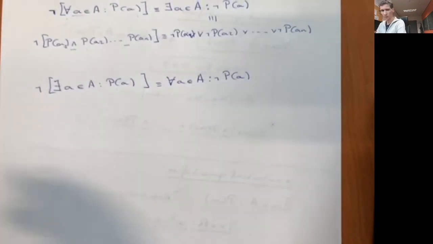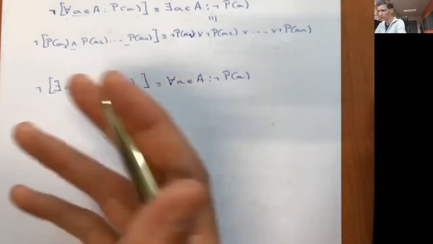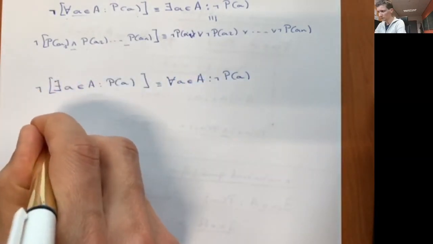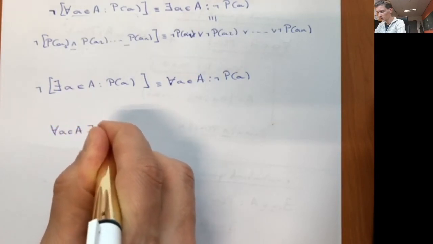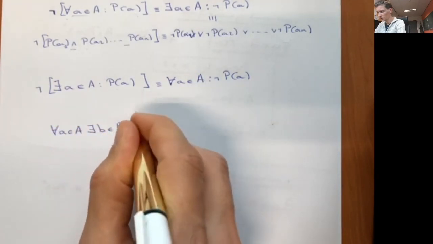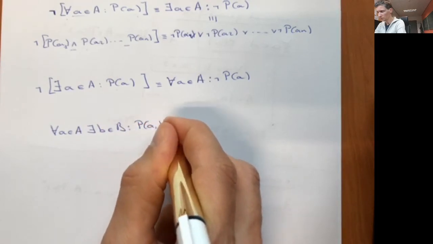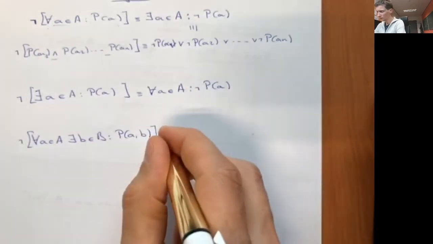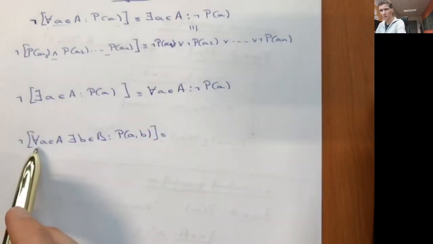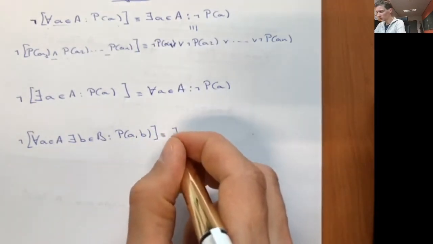Good. And you can generalize this to chains of quantifiers. So for example, if you have for all A in A, there exists a B in B such that a formula which now depends on A and B. So let's assume that you would like to negate this. Then you change the for all into an existential one.